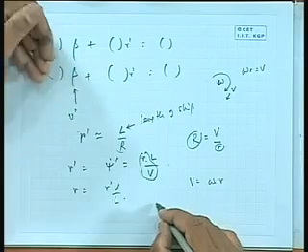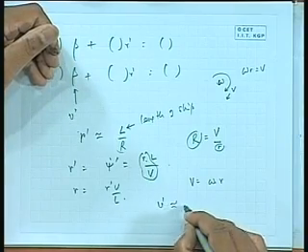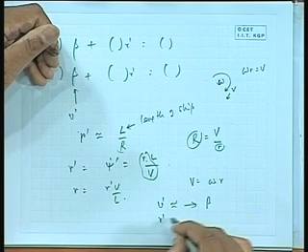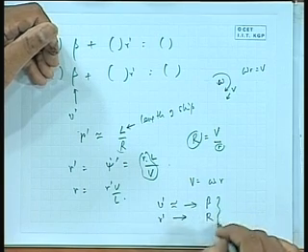So v dash is connected to beta and r dash is connected to R.